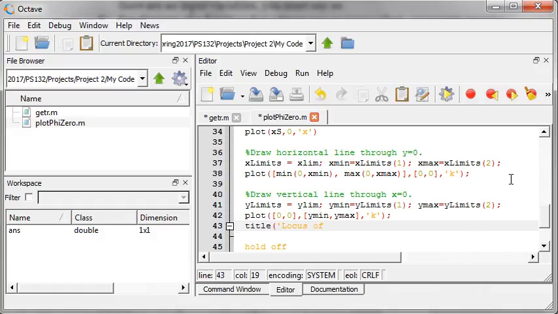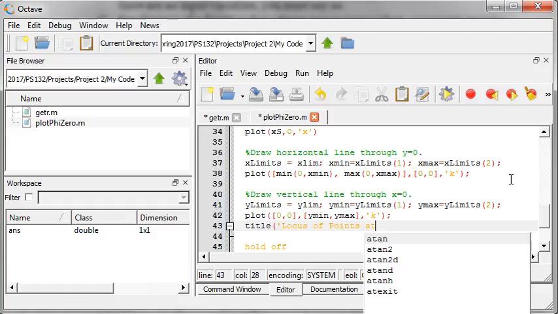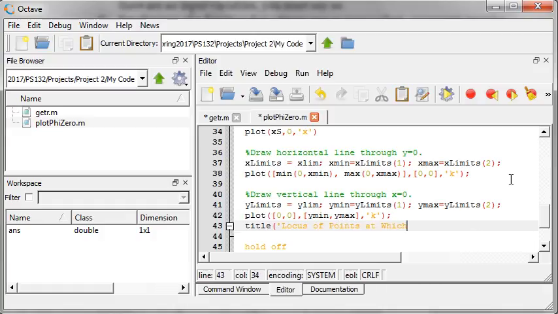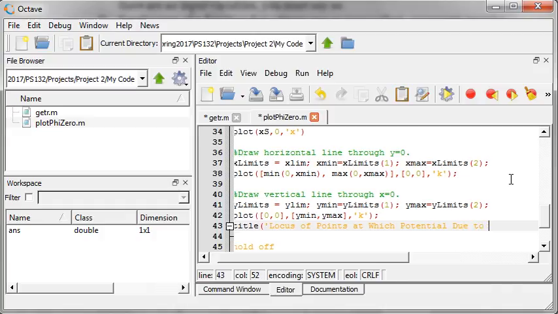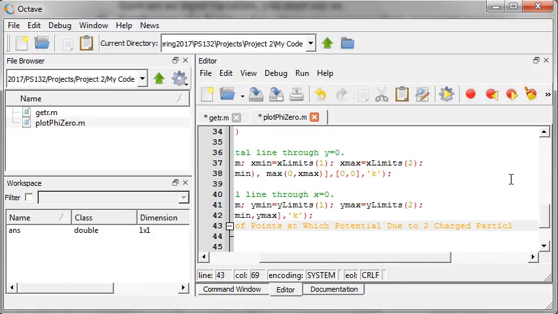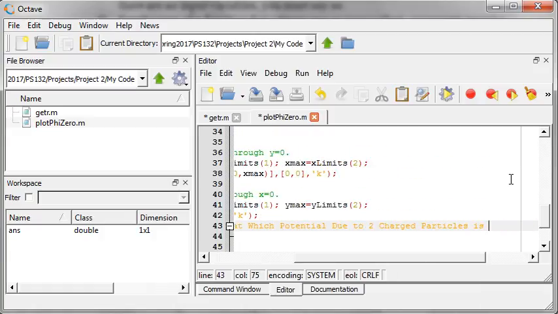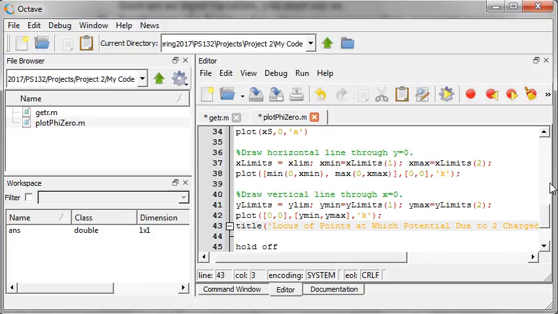Locus of points at which potential due to two charged particles is 0. Let's see what that looks like on the graph.